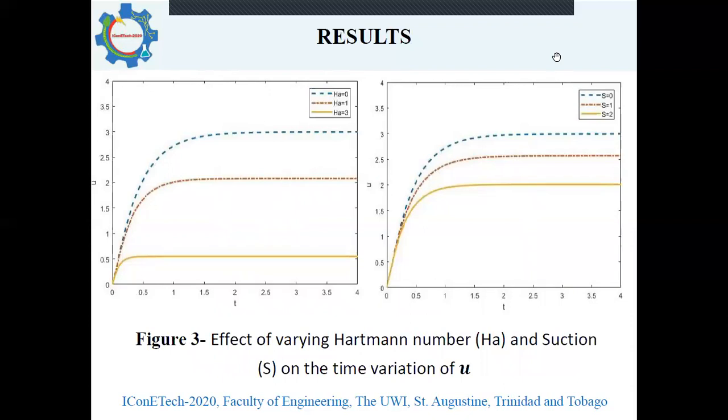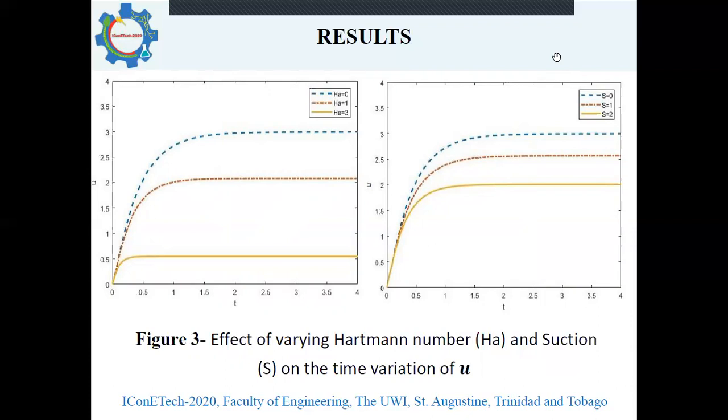The second diagram shows the effect of the varying suction parameter. Here, as the suction increases, velocity decreases. This is because of a fluid convection from areas in the lower half of the channel to the center, in which the speed of the fluid is higher.